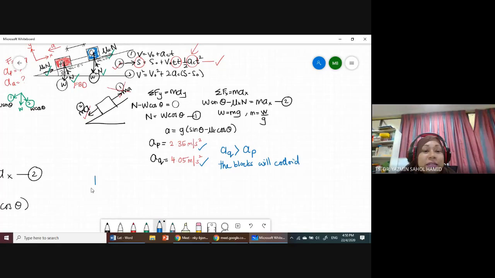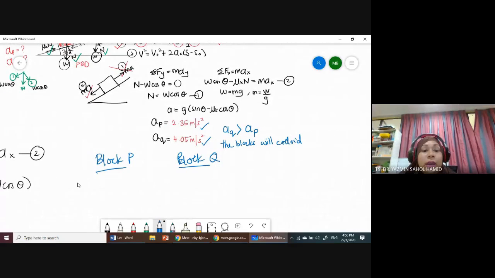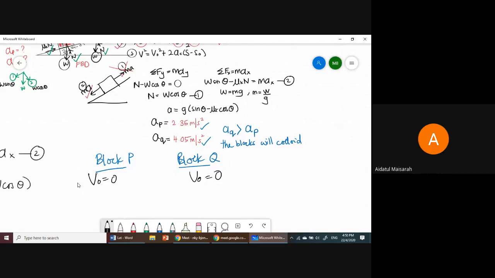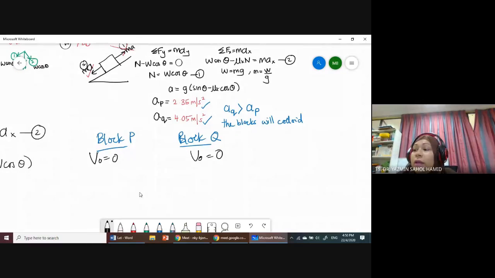Okay, now let's write down the parameters we have here. We have block P and block Q. What do we know of block P and block Q? We know the initial position is 0, right? Because it starts from rest and is released simultaneously. So we know that V naught also will start with 0 for both. Next, we need to find the S for each of the blocks, the position.